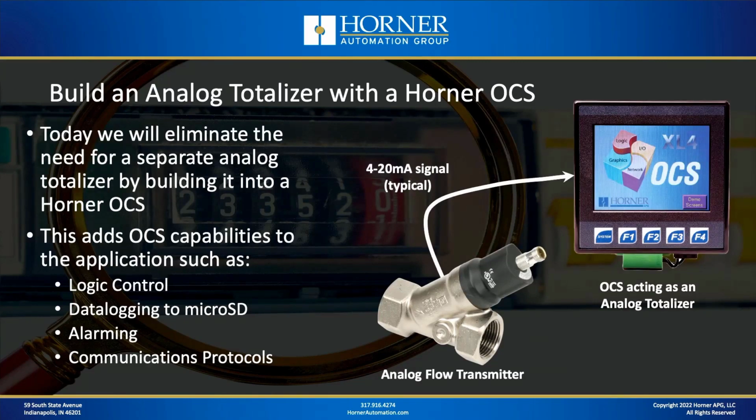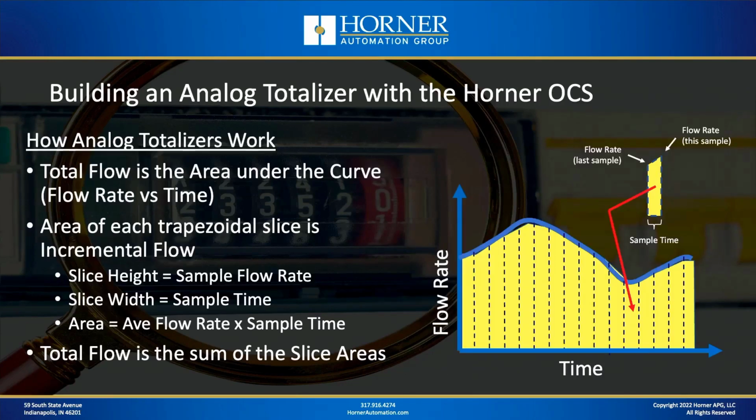You can also get your totalizer onto an industrial communication network like Ethernet IP or Modbus TCP. Lots of good reasons to want to do the totalizing in the Horner OCS itself instead of having a separate instrument. Now let's start by talking about how analog totalizers work.